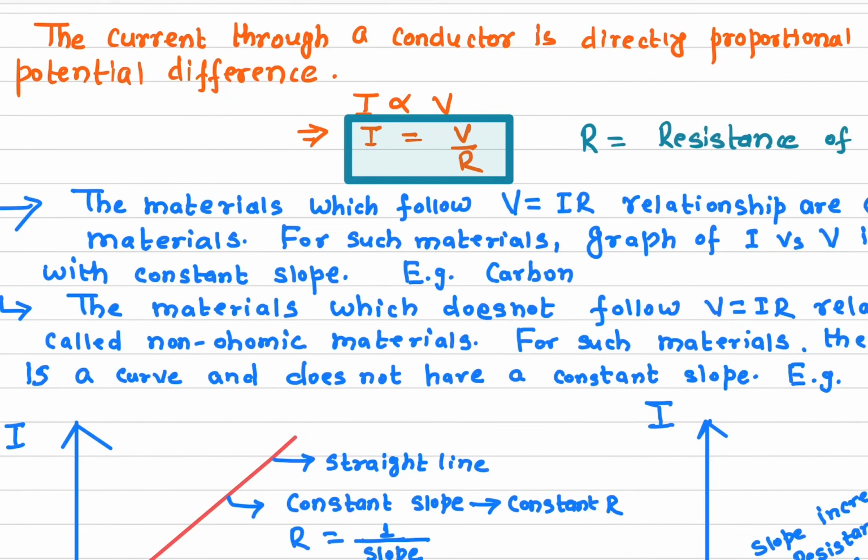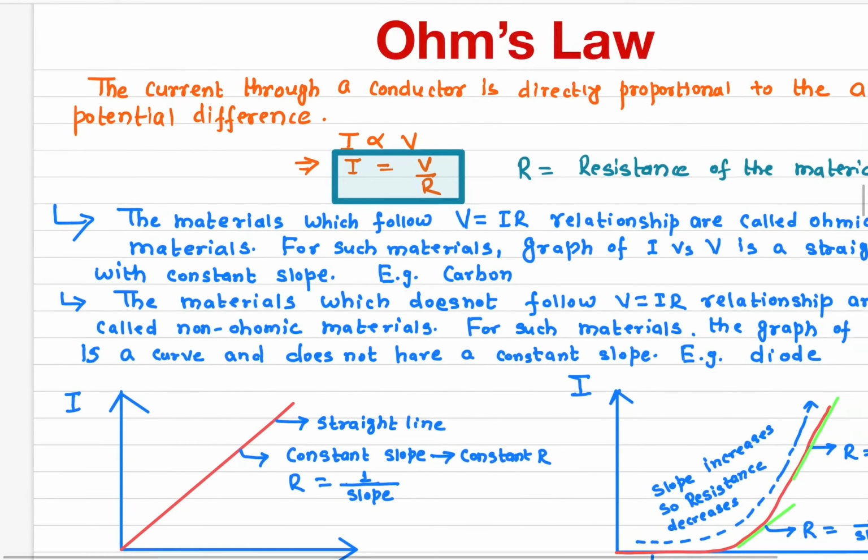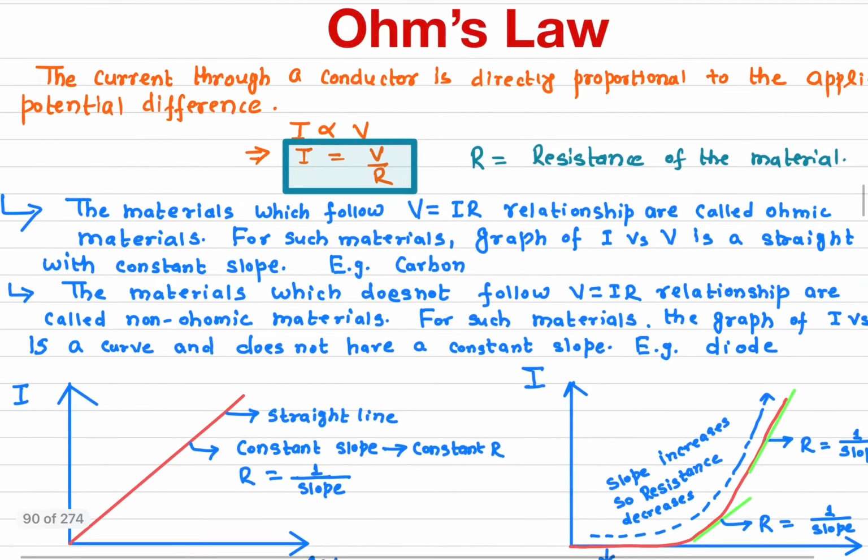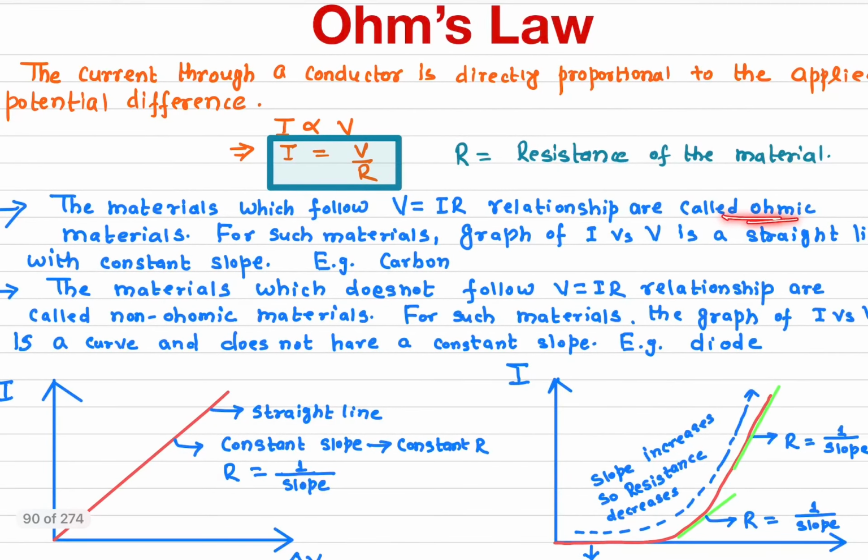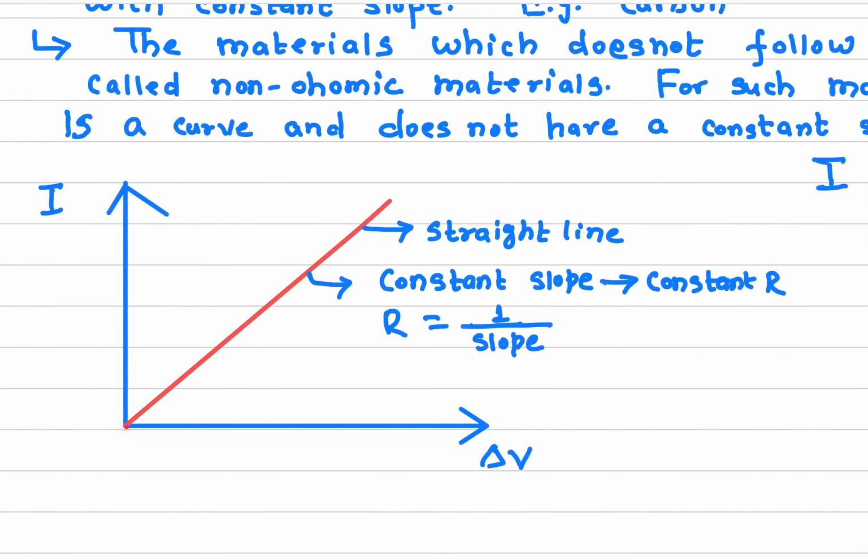So there are many materials which follow the V equals IR relationship, and that I call the ohmic material. In general, we call the ohmic material those materials for which, if we plot a graph of the potential difference and the current, it is a straight line.